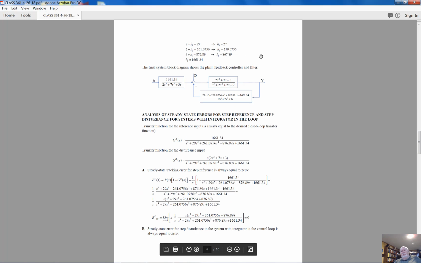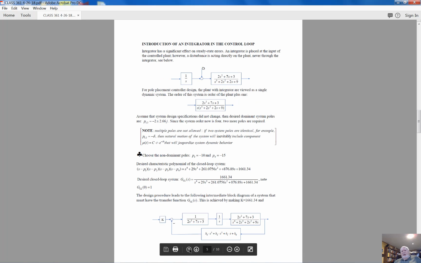What do we do now? I understand that I have to find 4 values for coefficients h by making sure that this closed loop system transfer function will be equal to this transfer function.